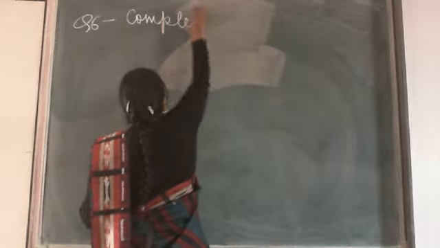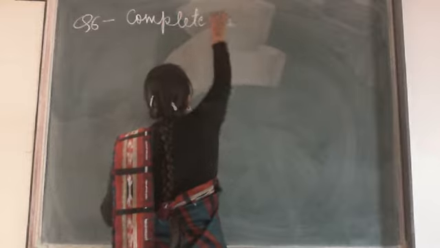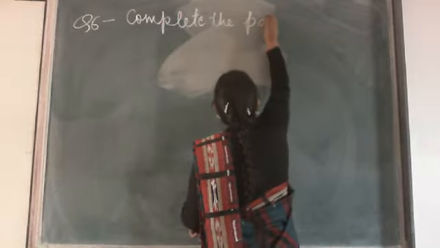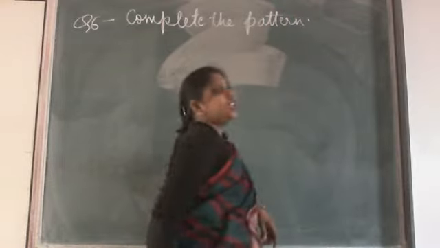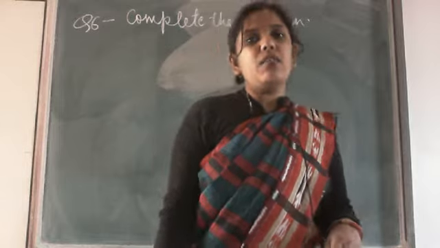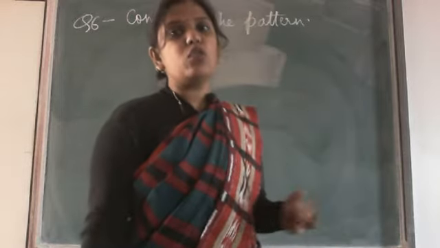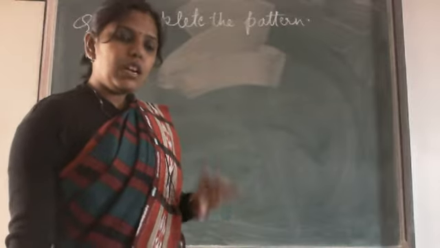So first I am writing all the patterns. This is the question: complete the pattern. First I am writing the patterns on the board, then we will complete them. So you also first write all the patterns in your notebook and then we will complete it.